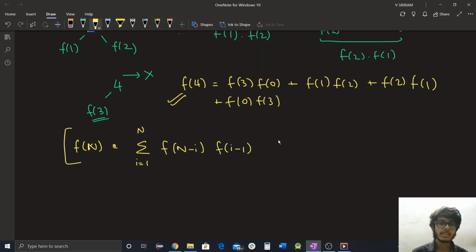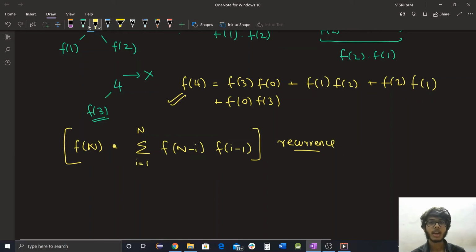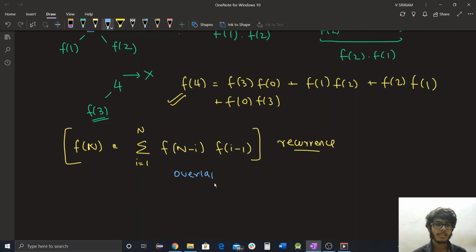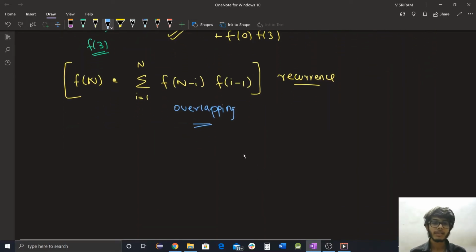Now this is a general formula that we have created, and this is the recurrence relation, and we can easily develop a recursive solution for this. It is also not difficult to observe that this contains several overlapping subproblems, and that would seriously affect the time complexity of our solution.